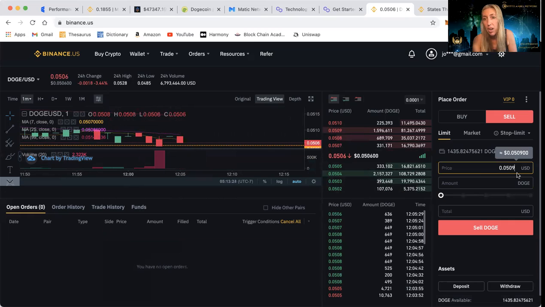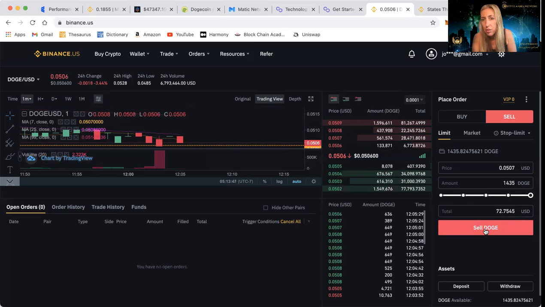Let's go 506, just to get this through. That's all I'll do, 506. So then that would be limit. Let's go 507 and sell Doge 507.